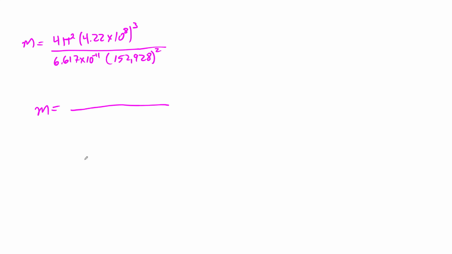We're dealing with pretty huge numbers, folks. The top is 2.967 times 10 to the 27th. And then we're going to take these two numbers and do the math: 6.617 times 10 to the negative 11 times 152,928 squared.